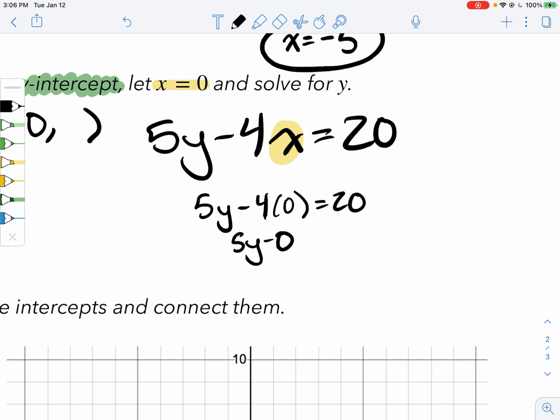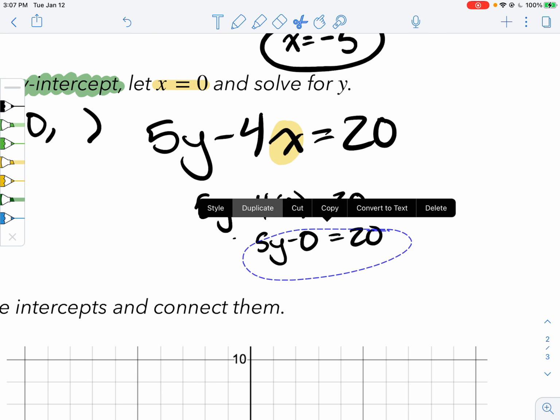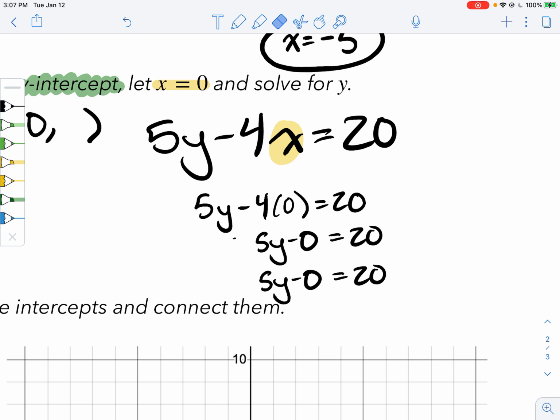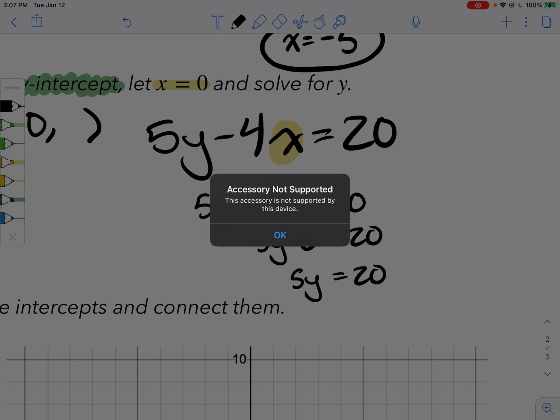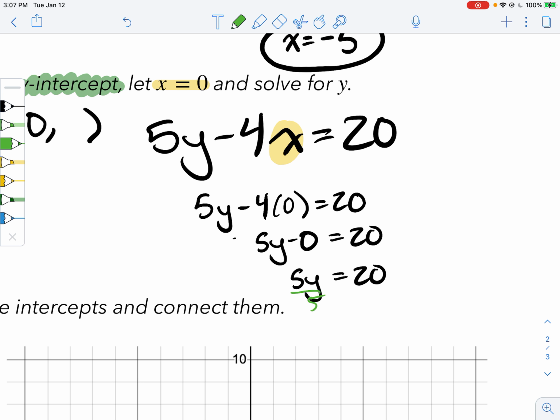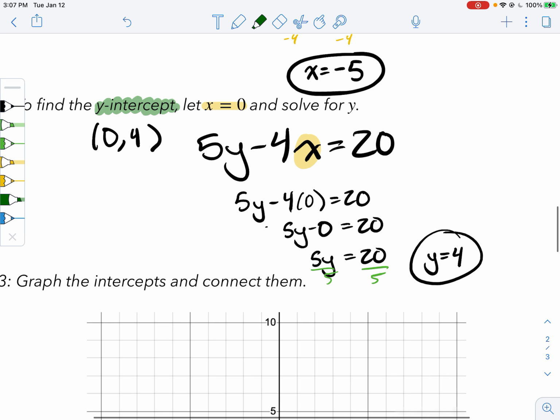So 5y minus 0 equals 20, which means 5y minus 0 means nothing. 5y is 20. We're almost done. We divide by 5, and we get y equals 4. So our y-intercept is at 0, 4.